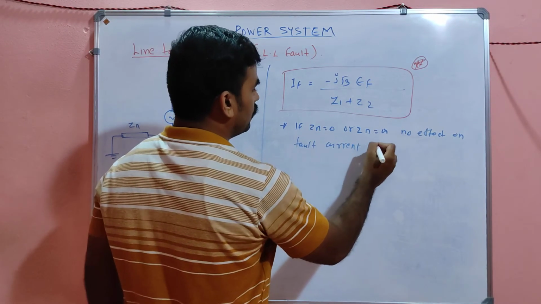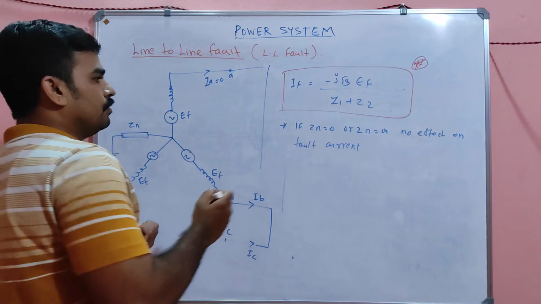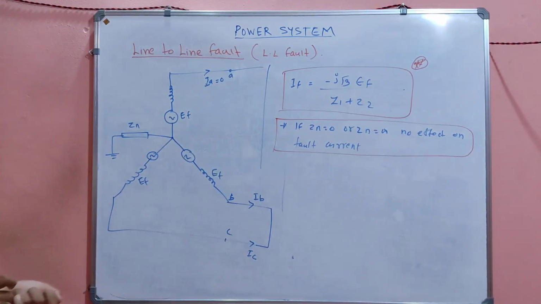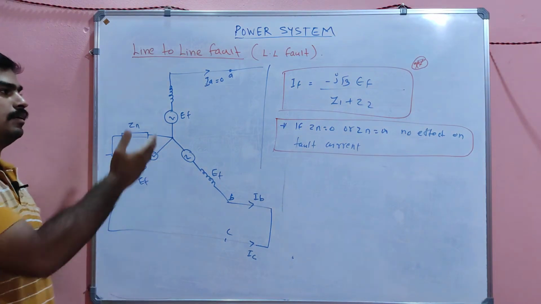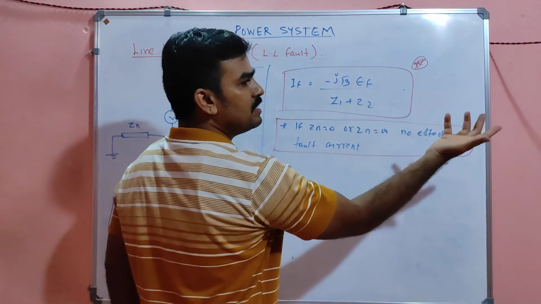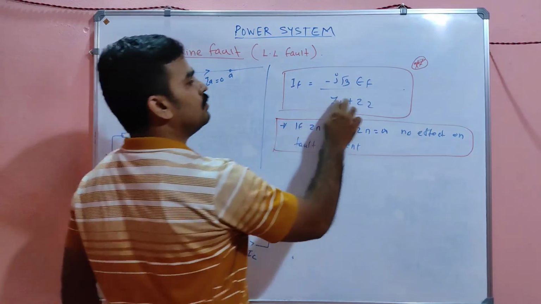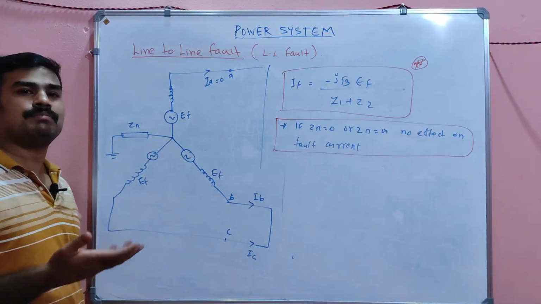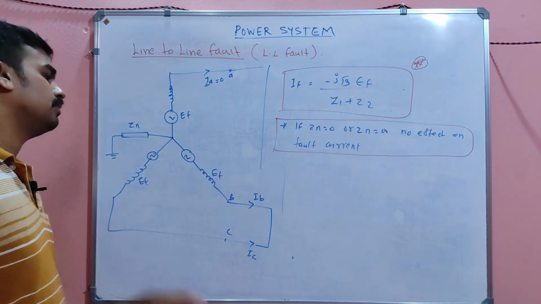That also you have to note. Because there is no Zn term in the denominator, there is no relationship of Zn with the fault current.